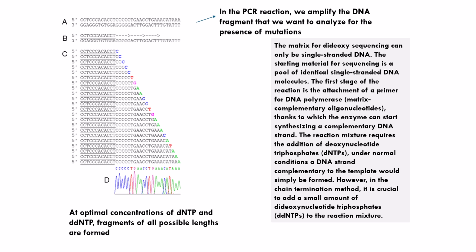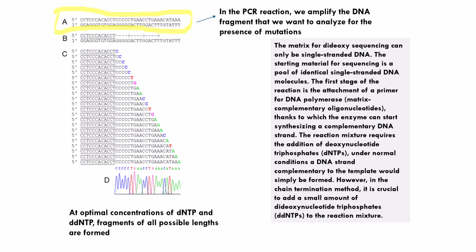In order to sequence a particular area of the genome, first this area is amplified by PCR reaction. Once we have the fragment amplified by PCR, there is another reaction similar to PCR, and the goal of this second reaction is to prepare the DNA strand to be sequenced.